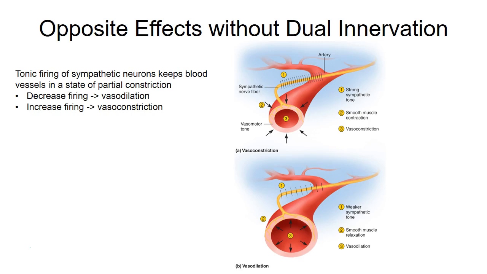It starts off with some steady tonic firing, and if it goes up, the blood vessel diameter decreases, and if that firing rate becomes less, then the blood vessels dilate. Does that make sense to folks? We can get opposite effects just with the same division. We start off with tonic firing of those sympathetic postganglionic neurons. Decreased firing, we get vasodilation. Increased firing, we get vasoconstriction.